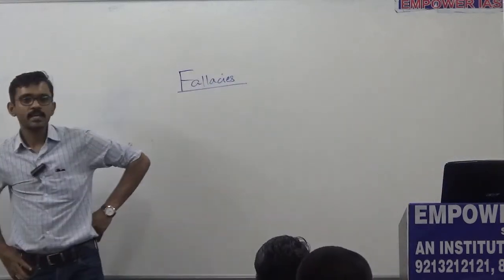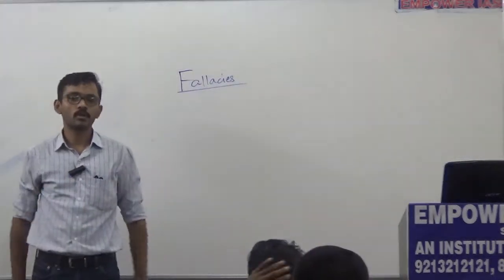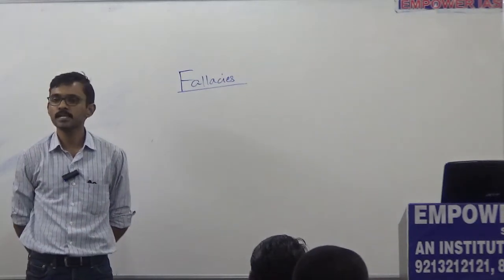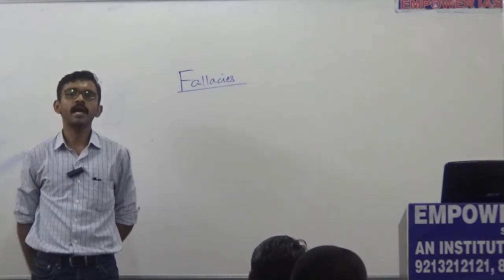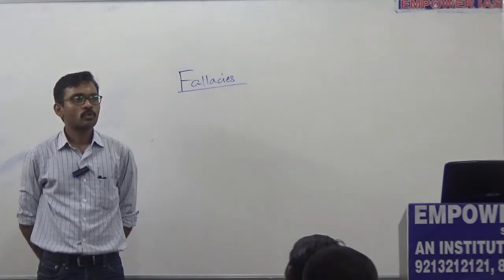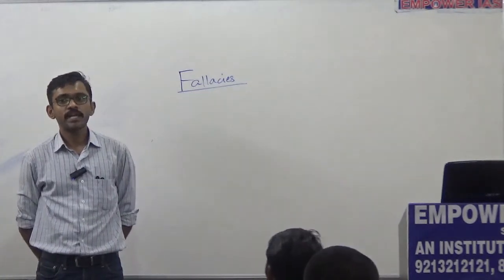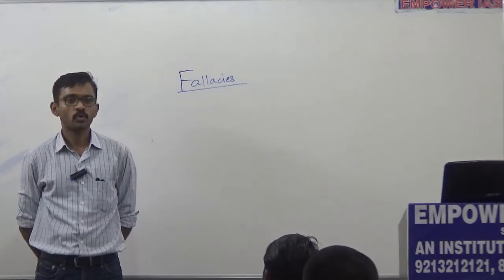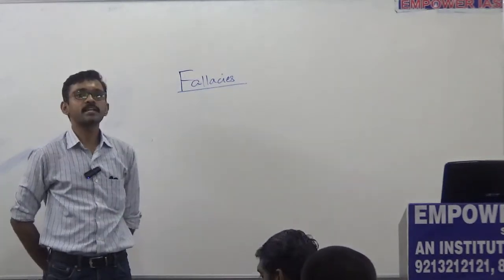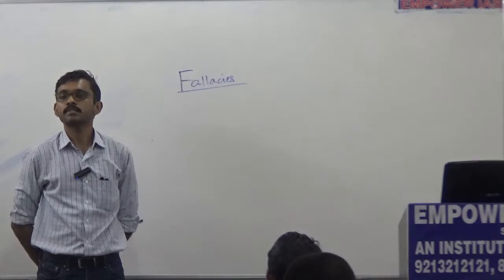So many times, see again, ethics is a very multi-dimensional concept. It is very difficult to define ethics, although we have defined ethics for the purpose of examination. But again, it's very ambiguous, it's a very expansive concept. So it is much easier to define what ethics is not than what ethics is. So moral fallacies in ethical reasoning will deal with what ethics is not.